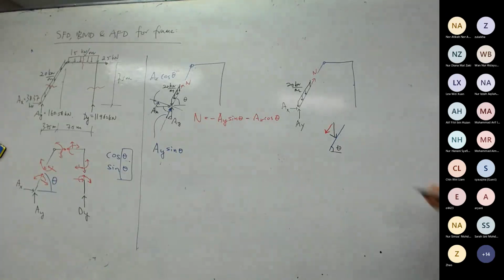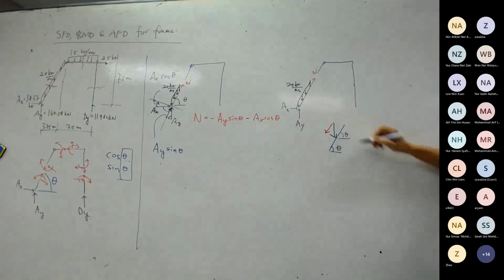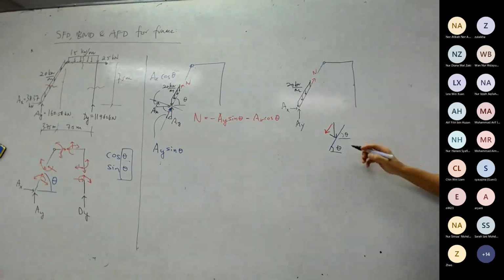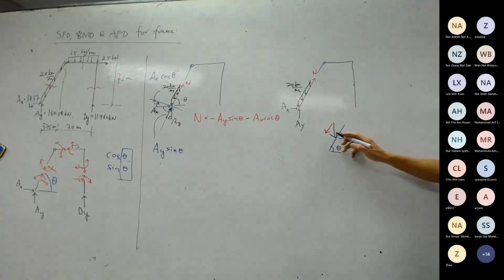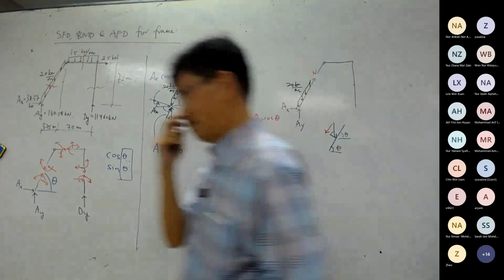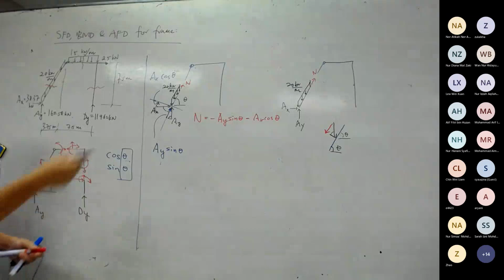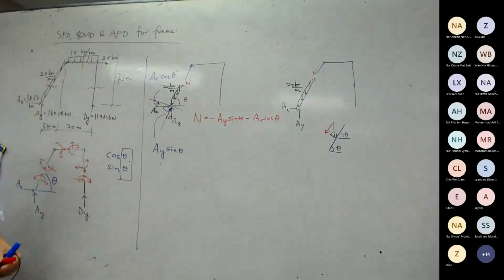Okay. If this is theta, then this becomes theta, right? Then this plus this is 90 degrees, so this is theta, right? So that relationship of the inclinations, I think you must get it. You must get it fast.